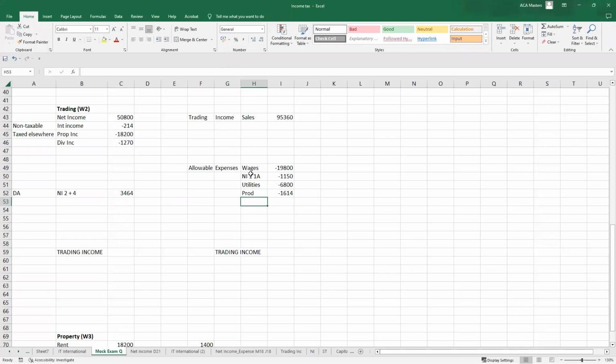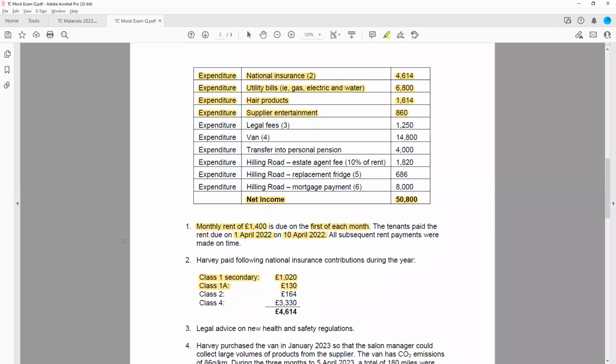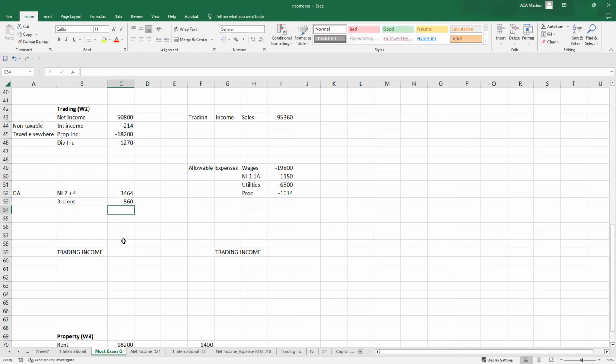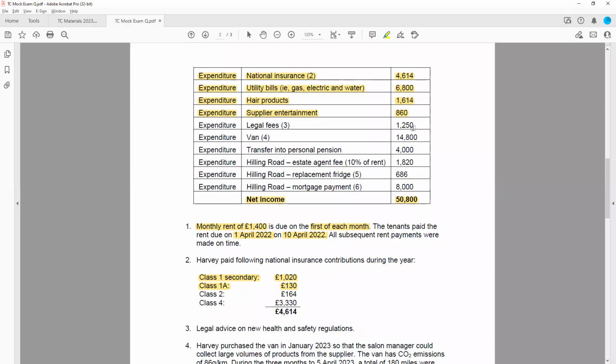So if we haven't deducted it, don't do anything because you're not allowed to deduct it. If you've already deducted it because you're starting with the net profit, then we'd need to disallow that. You could even just put third party entertaining. The examiner will know exactly what that is. They're all qualified tax professionals, and you've also got the number there as well.